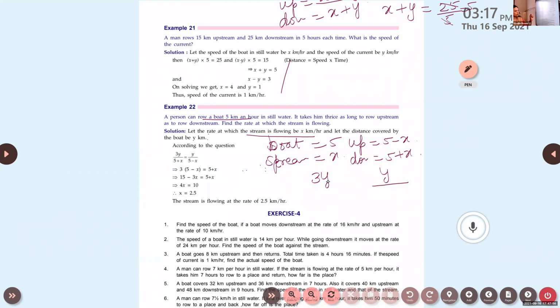If he travels y kilometers upstream, the same time is needed for traveling 3y kilometers downstream. Is it clear? So what is the time taken?